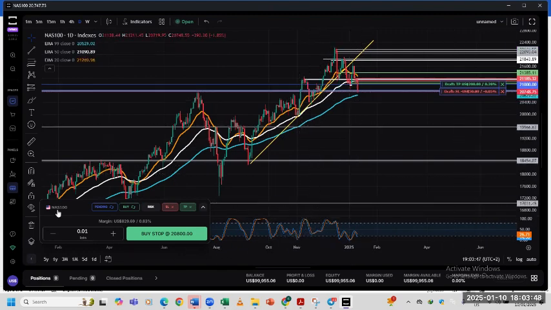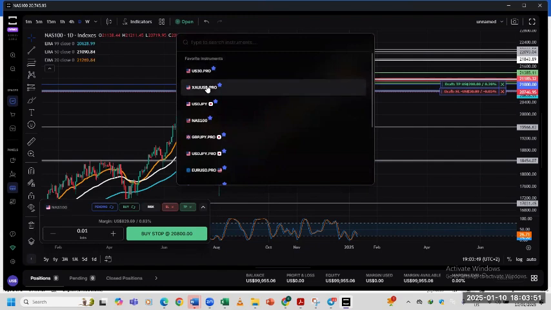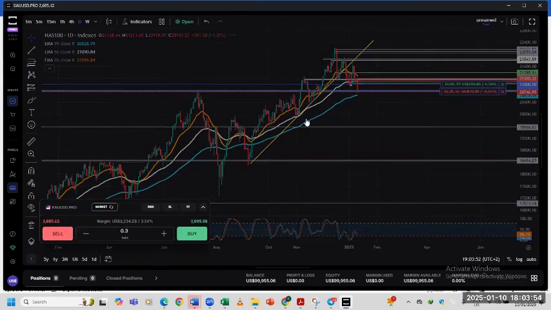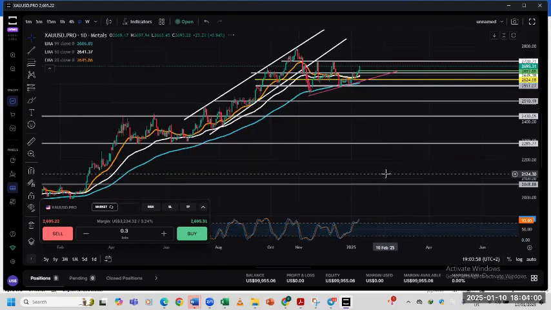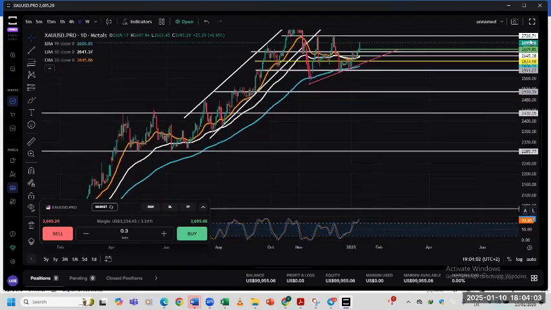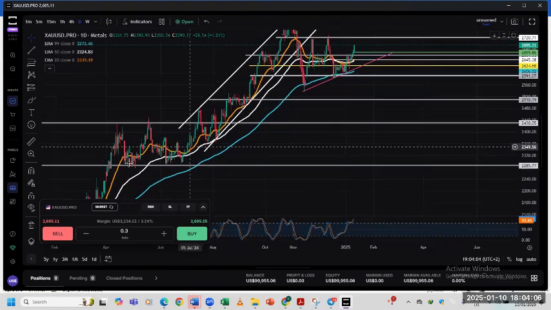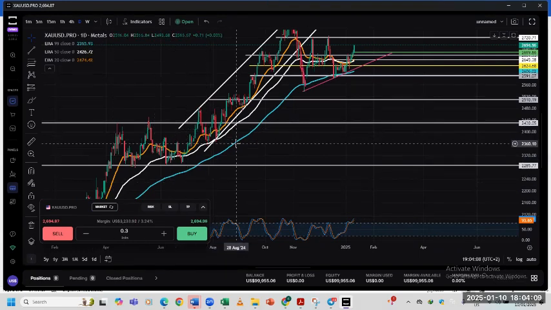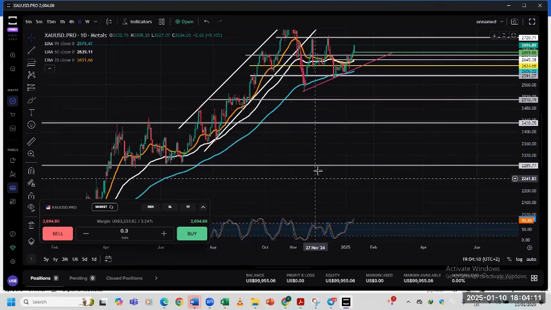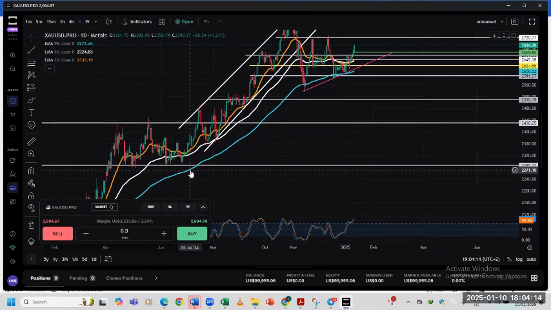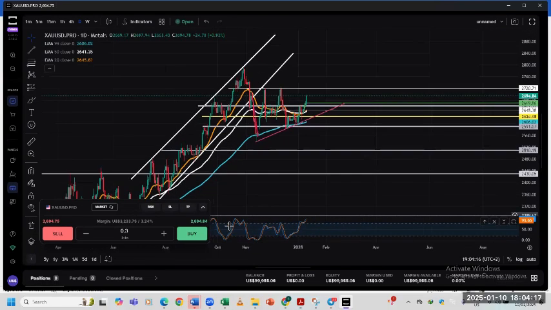I want to change to gold. You see these lines on my chart. These are the areas that were either previously support or resistance, and so they show me high probability.